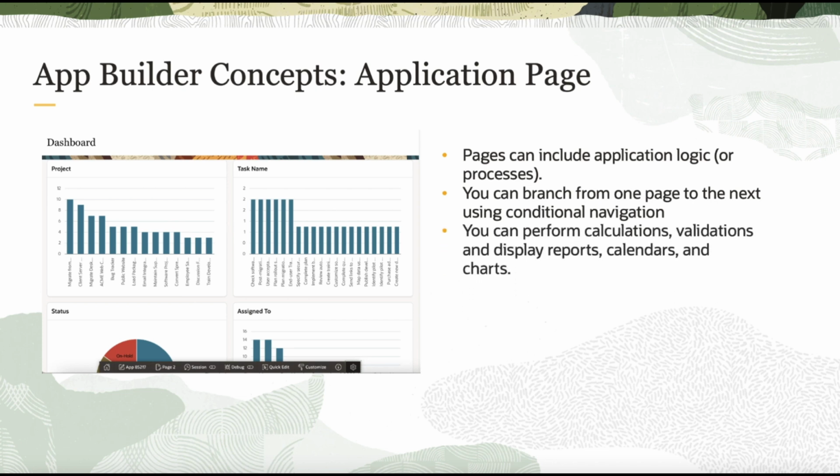On a page, you can perform calculations called computations. You can perform validations such as edit checks, and you can display reports, calendars, and charts. You can view and edit a page in Page Designer. Page Designer is a fully featured integrated development environment to maintain your application pages.